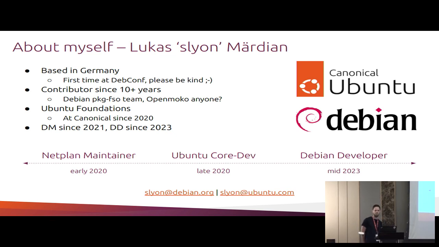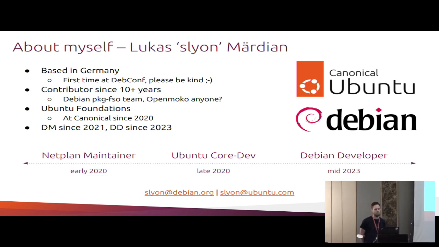I guess it's mostly that today, but there are other projects that picked up on the work that we did back then. That was all during my studies still. After I finished my studies, I co-founded a tech company in Munich, and I also went traveling the world for some time. So my relationship with Debian was on and off as time permitted. But then in 2020, I was hired by Canonical as part of the Ubuntu Foundations team.